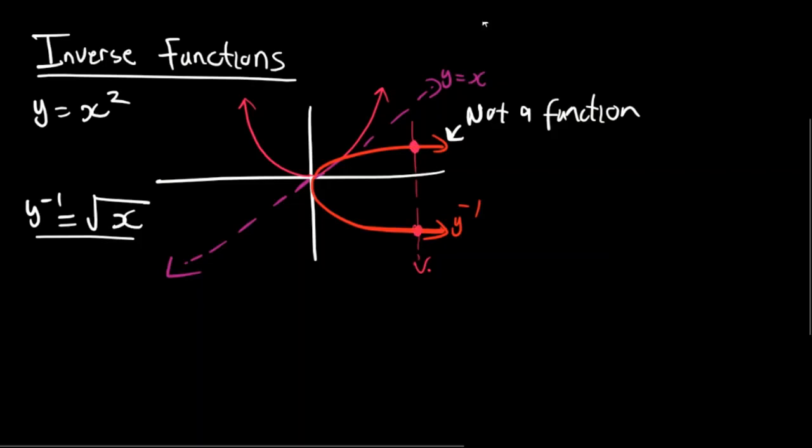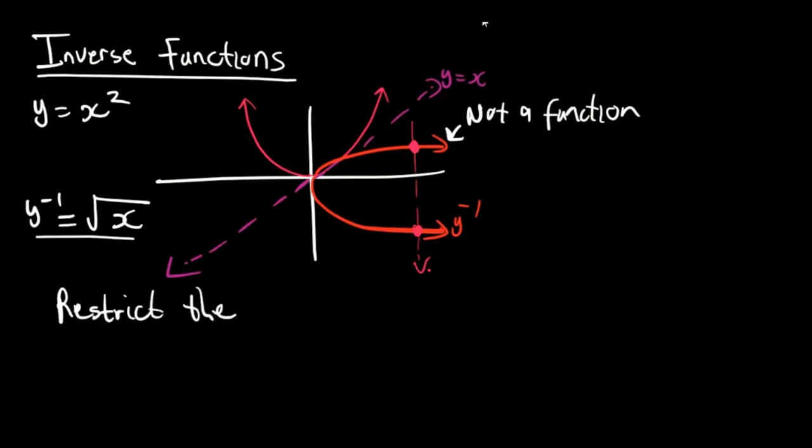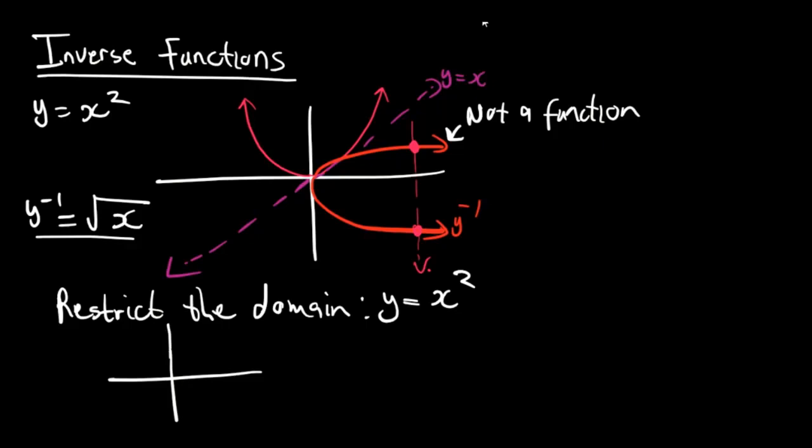So for us to be able to make it a function, we must restrict the domain of the original function, which is y is equal to x squared. So let's say, for example, we have the function here y is equal to x squared.